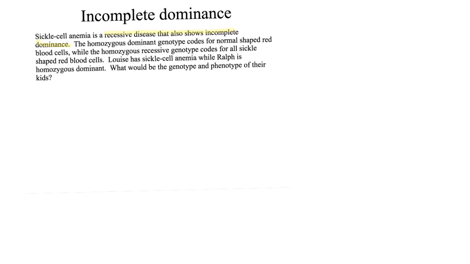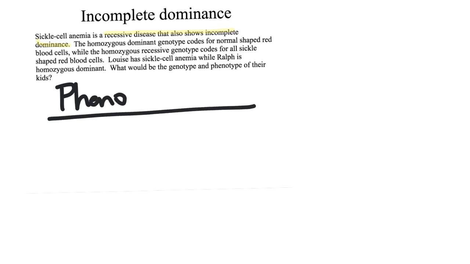All right. This trait, you guys actually did a problem like this in lab, so it might sound kind of familiar. But let's go ahead and try to code for this. Here, we'll make a chart again, phenotype and genotype. For diseases, remember, for the phenotype, you don't write down everything you see with your eye. You just write down if the person has the disease or doesn't have the disease.